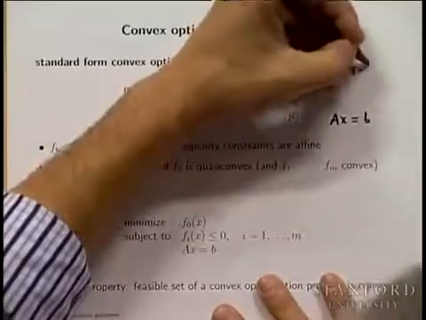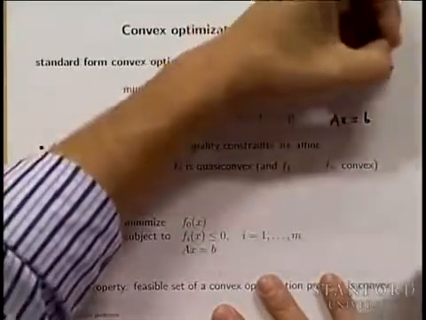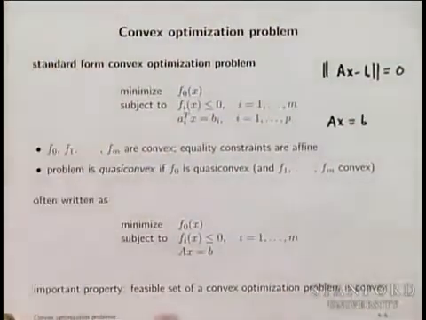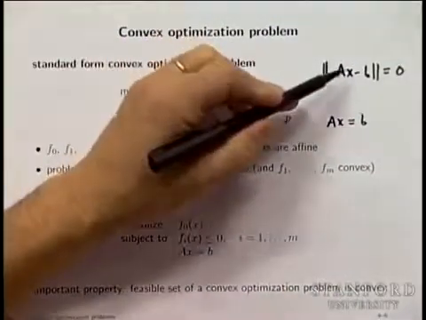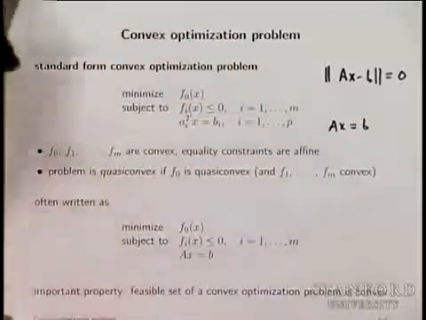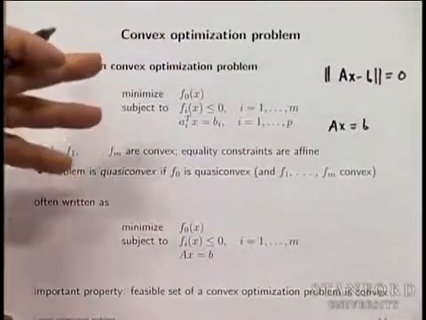Okay, so there are other weird ways to write Ax equals b, and they will not work with these things. For example, I could write this. I could write norm of Ax minus b equals 0. You have to admit, if norm of Ax minus b is 0, Ax is equal to b. So I haven't changed anything here.